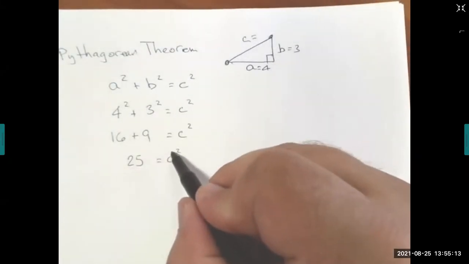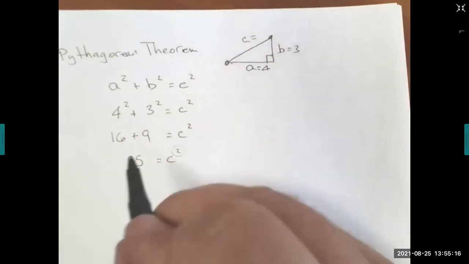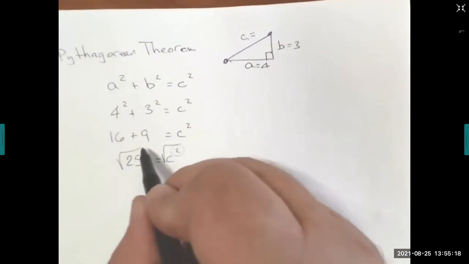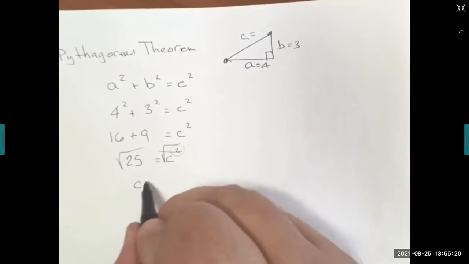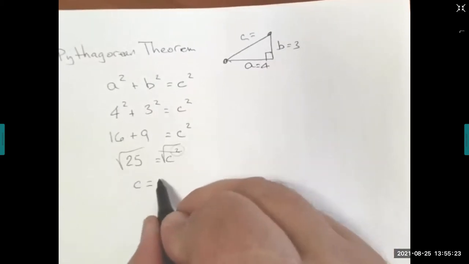We have to get rid of the square. How do we do that? Square root both sides, right? So C is equal to the square root of 25, which is?